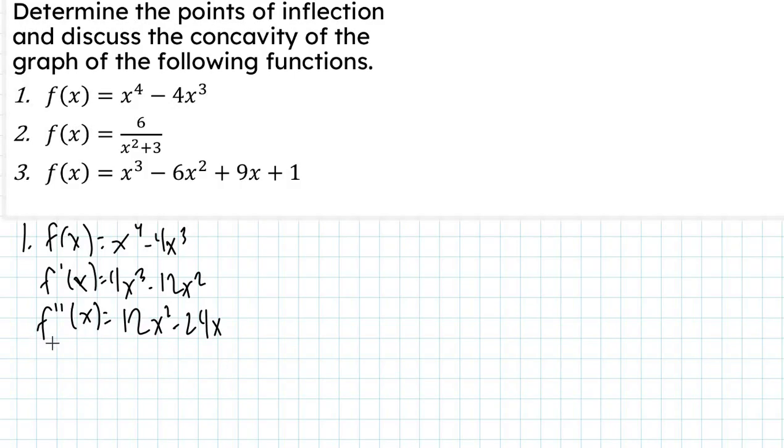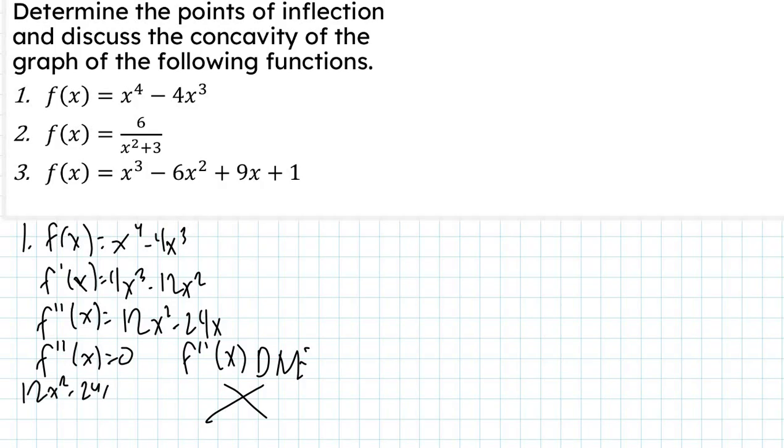So therefore, we're going to have, if the second derivative here is equal to 0, or the second derivative does not exist. That is a polynomial, so we cannot have it not exist here. So we only have 12x squared minus 24x equals 0. That's 12x times (x minus 2) equals 0.